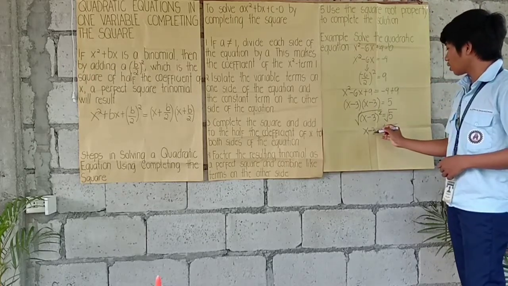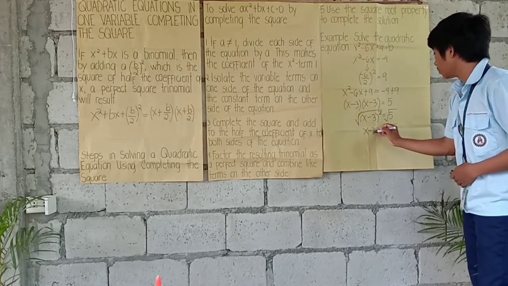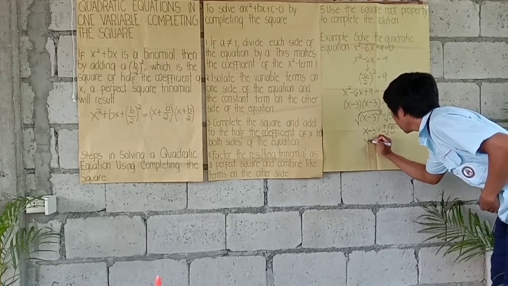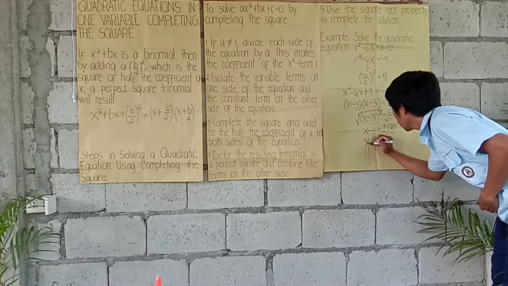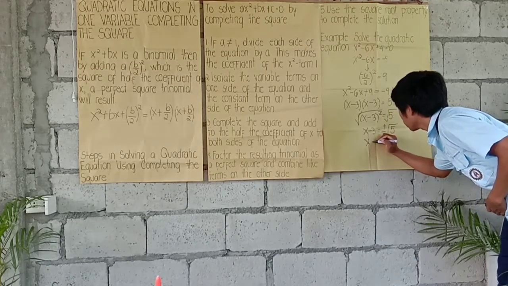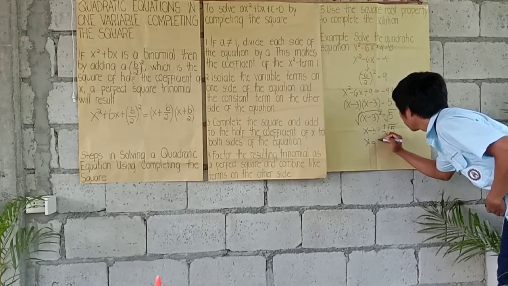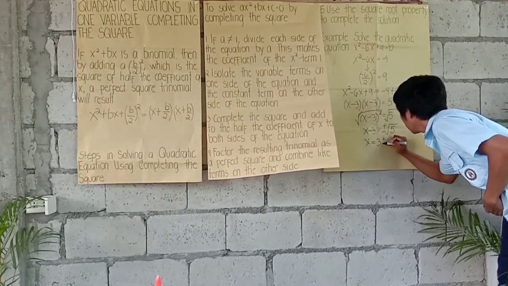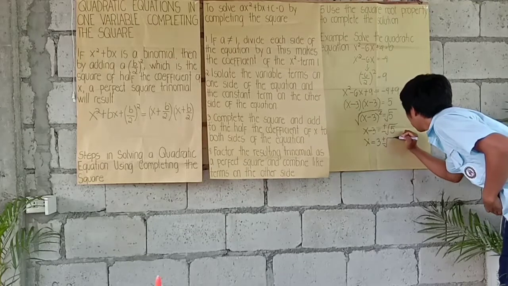Then, i-solve natin to. Ililipat natin yung negative 3 dito sa right side. So, magiging x. Makukuha natin yung value ng x. So, magiging x is equal to 3 positive or negative square root of 5.